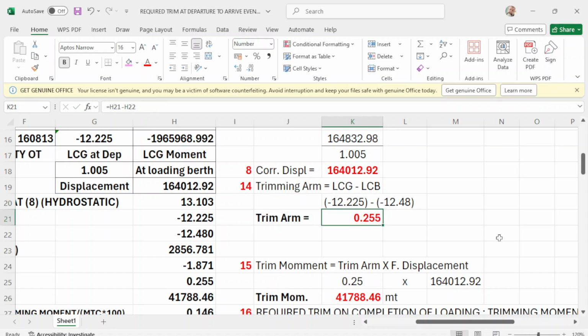Put enter. So, negative 12.225, your LCG, minus your LCB, which is 12.48, and the answer would be how much?